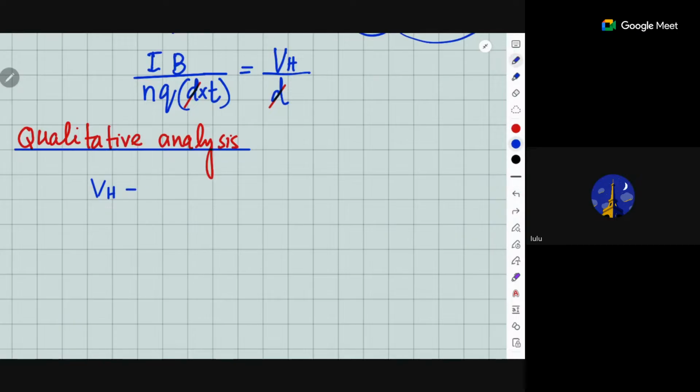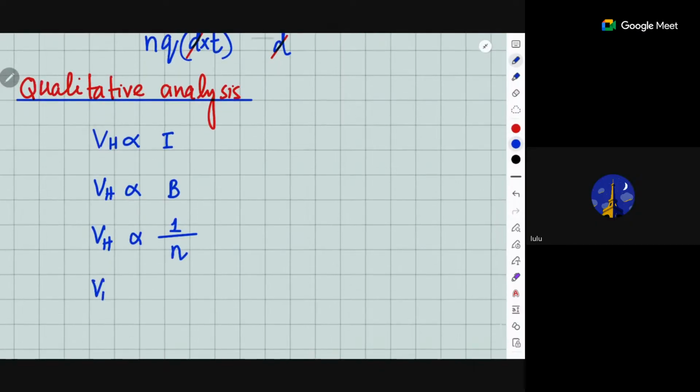It is directly proportional to I, that is, Hall's voltage is directly proportional to B. Hall's voltage is inversely proportional to number density, and Hall's voltage is inversely proportional to the thickness of the slice.